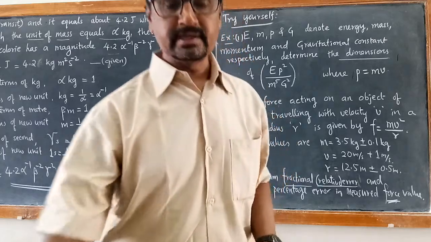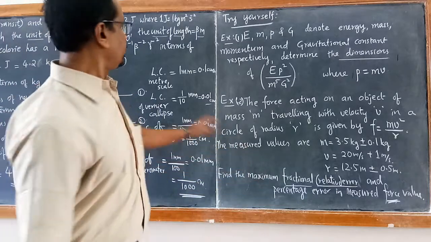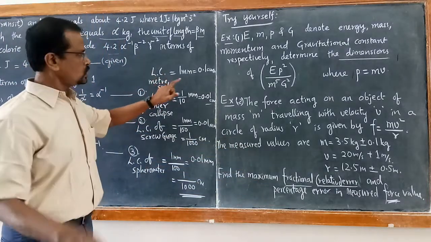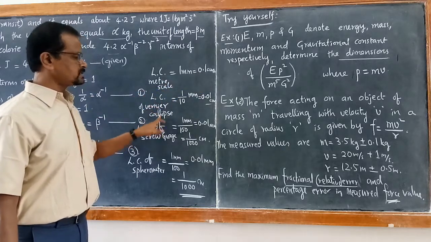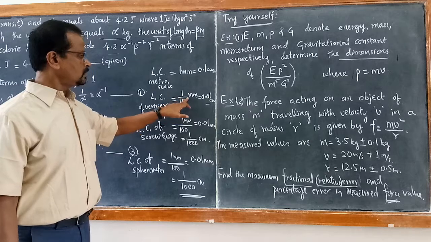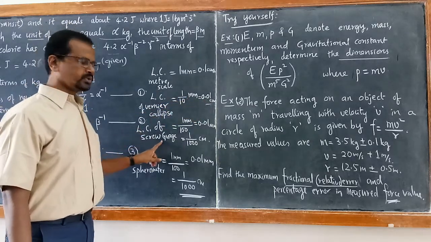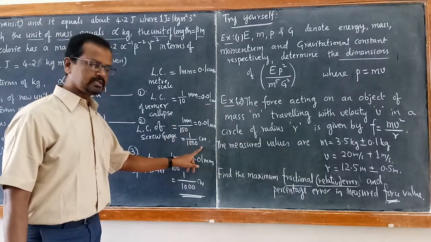So these are the different instruments which we are going to use in the laboratory, and they have different least counts. Least count of meter scale, as you know, is 1 millimeter, 0.1 centimeter. Least count of vernier calipers, the resolution of vernier calipers, is 1/10 of a millimeter, 0.01 centimeter. Least count of a screw gauge is 1/100th of a millimeter, that is 1/1000th of a centimeter.